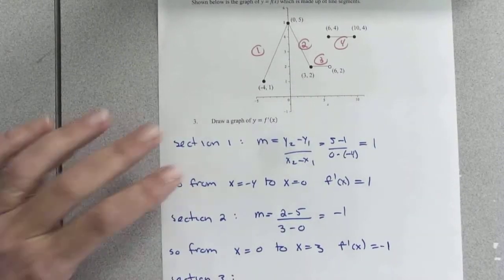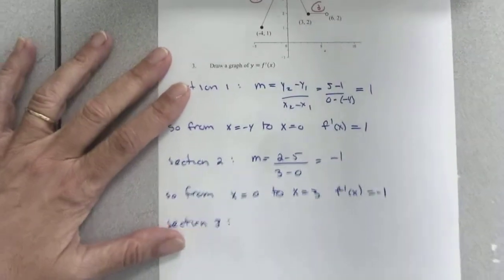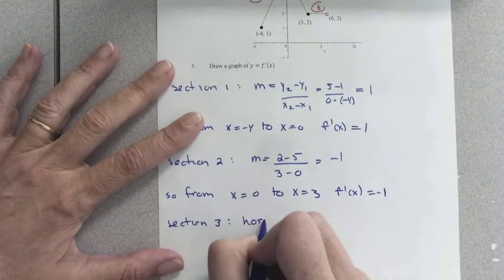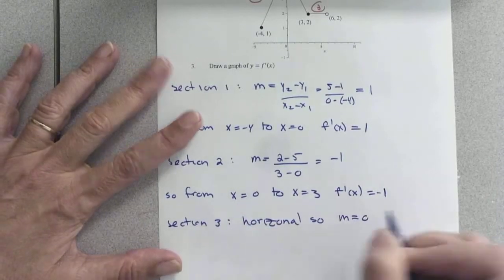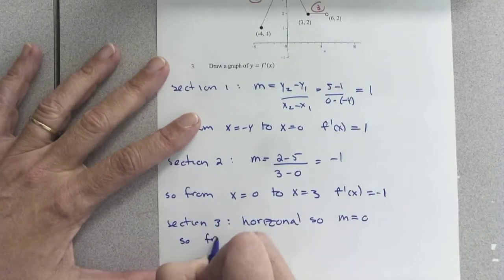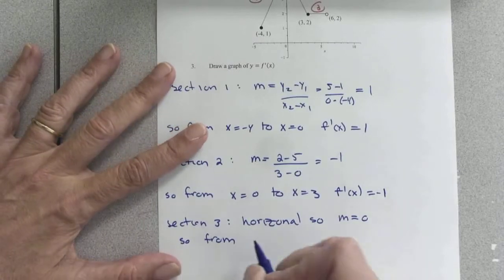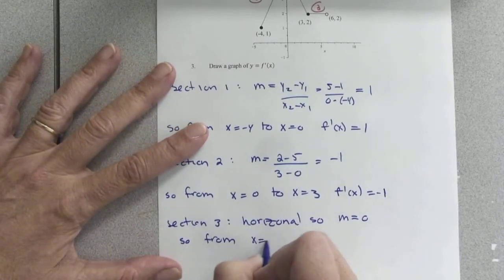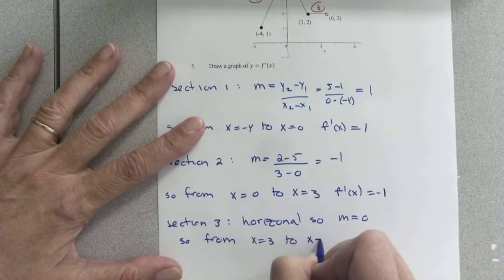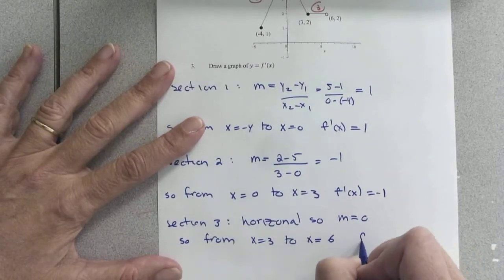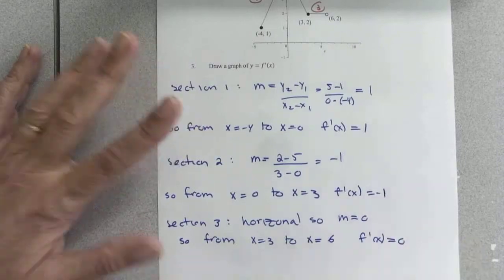Section 3, you could do the same thing, find the slope, but it's horizontal. So m equals 0. So from x equals 3 to x equals 6, f prime is 0.